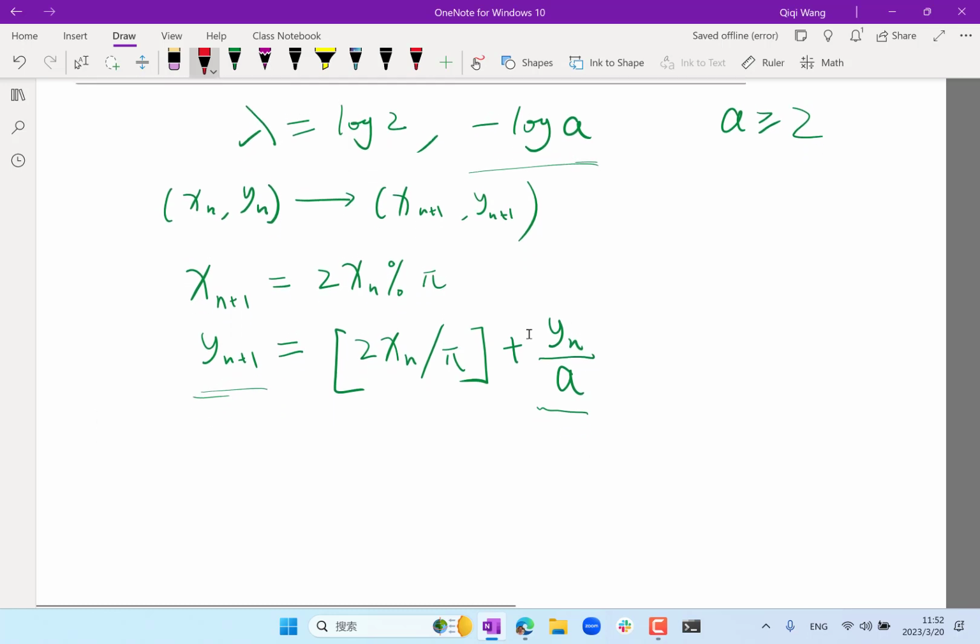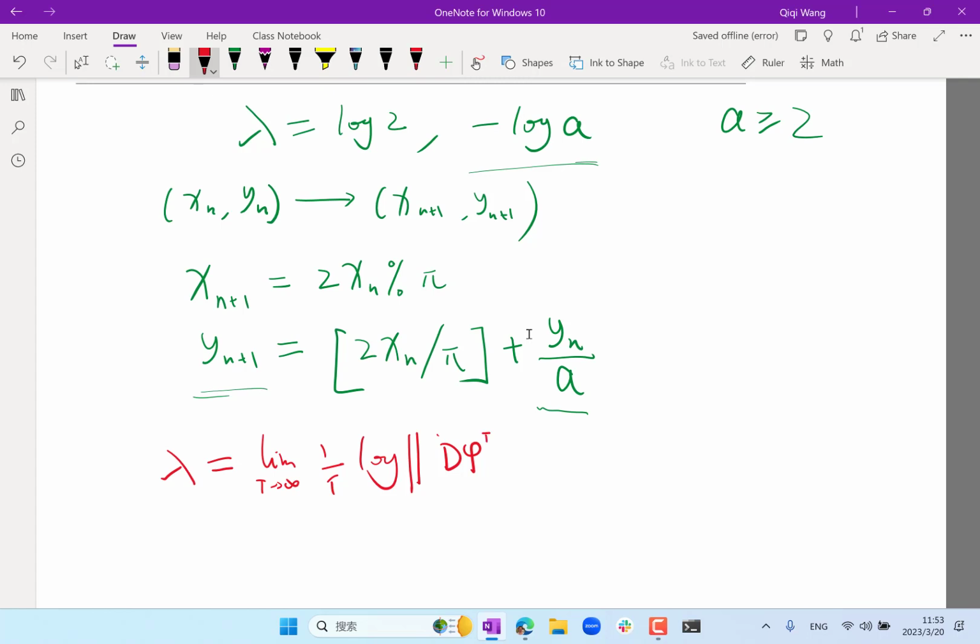So remember, what is the Lyapunov exponent? Let me just say the Lyapunov exponent is the limit as t goes to infinity of 1 over t times the logarithm of the norm of d phi, so that's the Jacobian, to the tth power, starting at some location u0.